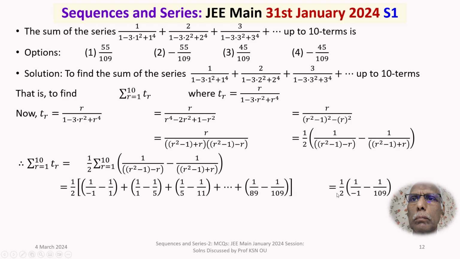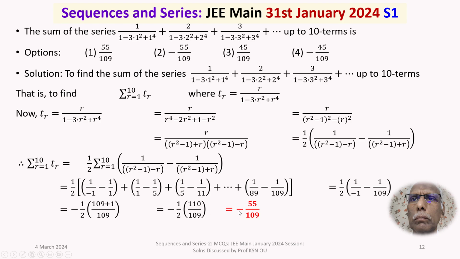That is 1 by 2 into the first term, 1 by minus 1, minus 1 by 109. So both are minus. Take out the minus, that will be equal to minus 1 by 2 into 1 plus 1 by 109, and take the LCM. It will be minus 1 by 2 into 109 by 109 plus 1 by 109. That will be minus 1 by 2 into 110 by 109.